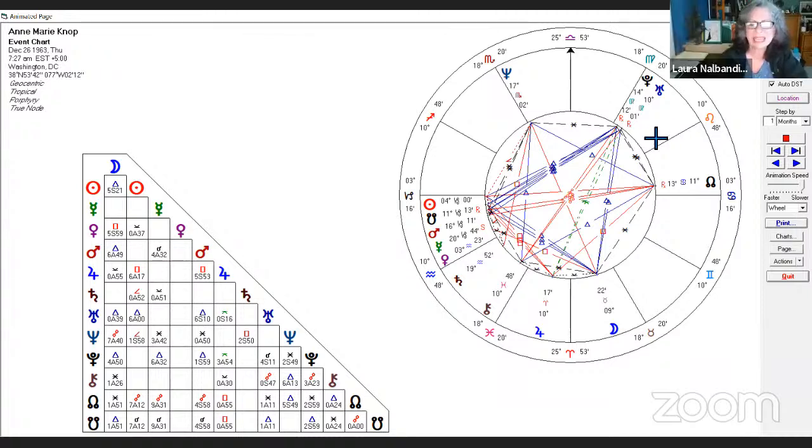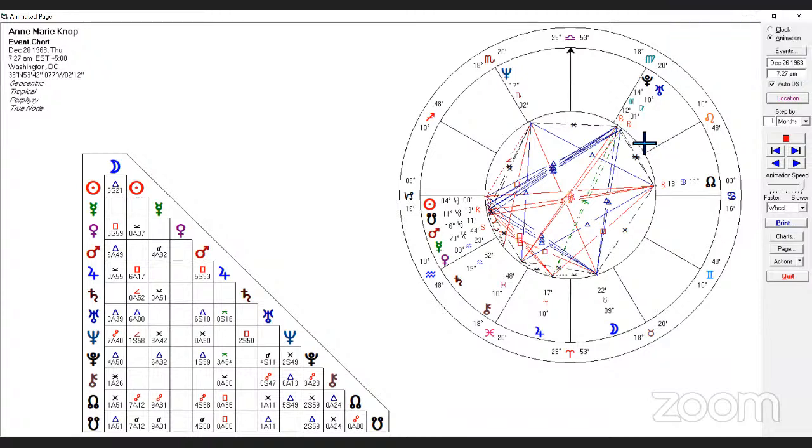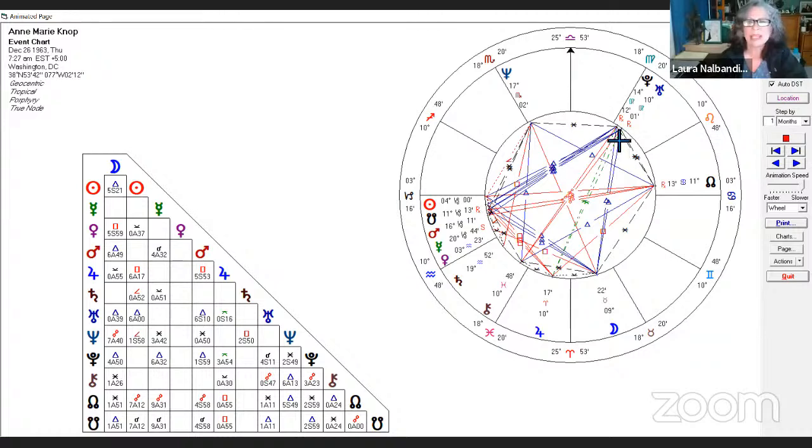Every little thing is important, but it's a minor point. It's a finer point that I'm not going to worry about right now. For instance, if I'm looking at Anne-Marie's Pluto-Uranus, I want to know, and I already know, that's a balsamic phase. Uranus is balsamic to Pluto. That goes into my interpretation.